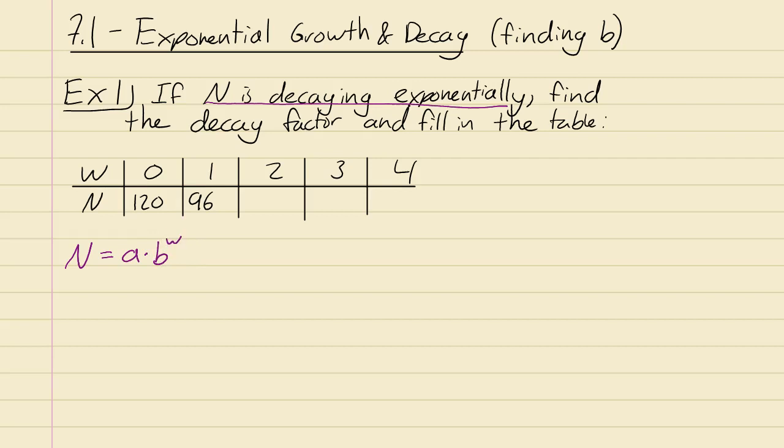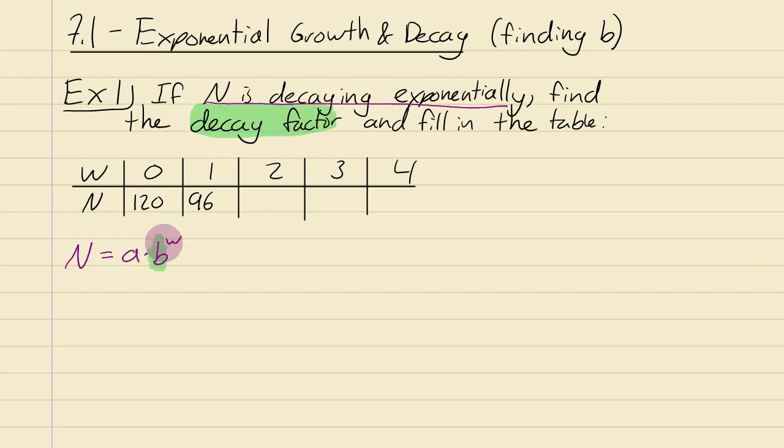And if it's decaying exponentially, it means this b should be less than 1. So let's see if we can find a and b so that we can get a formula for n in terms of w, because we need to know what a and b are if we're going to plug in w equals 2 or w equals 3 into this. And the b is called the decay factor.